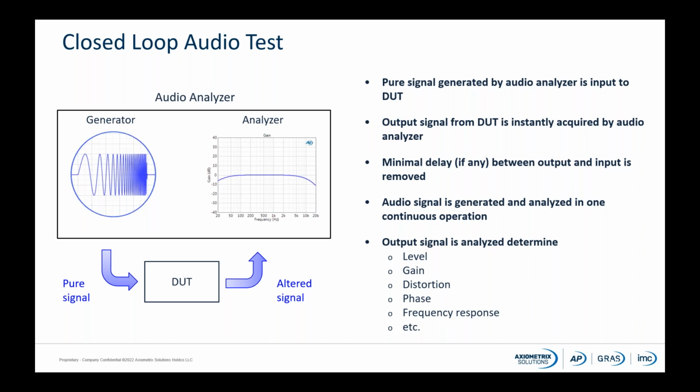The generator creates a pure tone, usually, but not always, sine waves, sending the signal to the DUT's input, while the DUT's output feeds the signal back to the audio analyzer, which will compare the received signal to the original generated signal and then calculate and post the results.